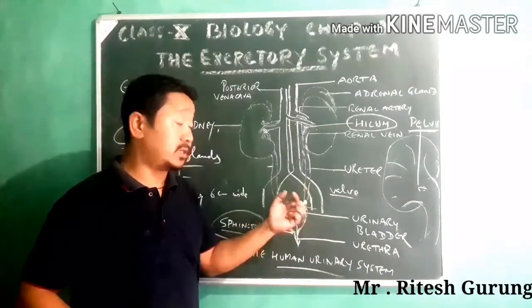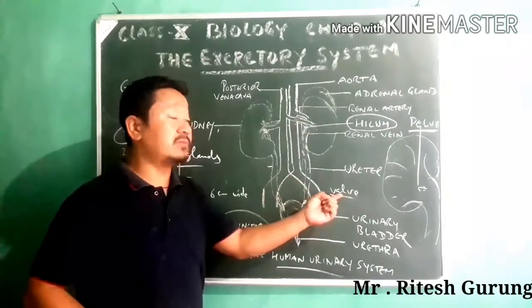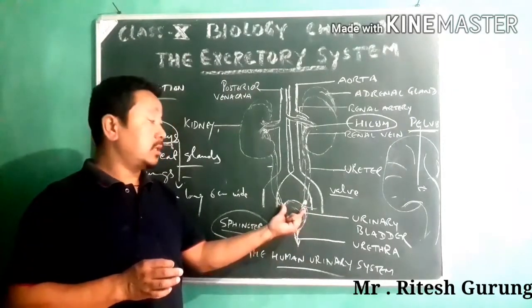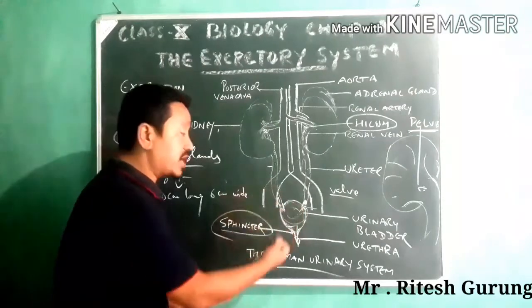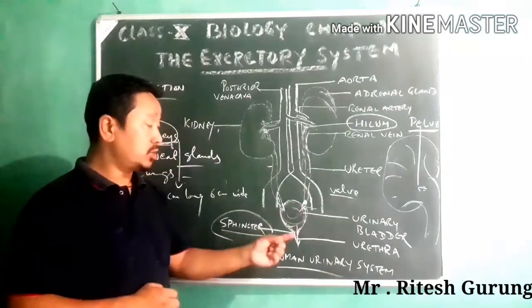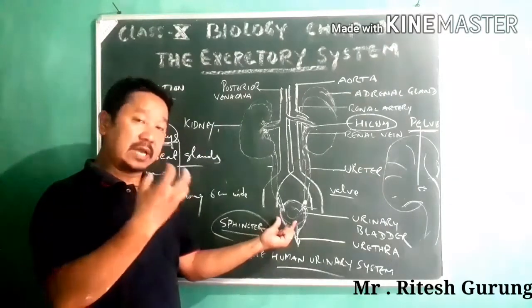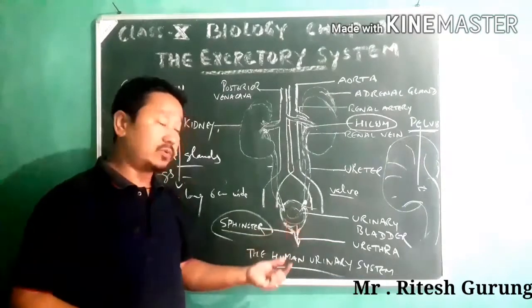This is how these valves play a very important role in blocking the backflow of urine during the contraction of the urinary bladder, at the time of passing out the urine.